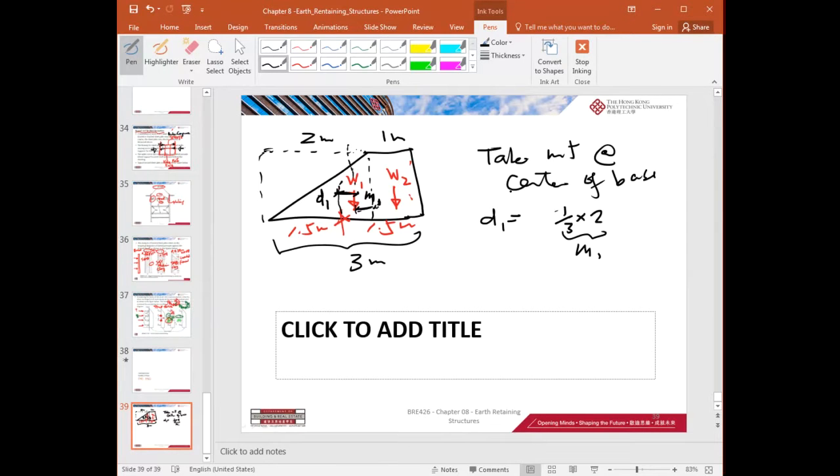So can you work out the D1? Can you work out the D1? So it's equal to 1.5, right? Minus, okay.